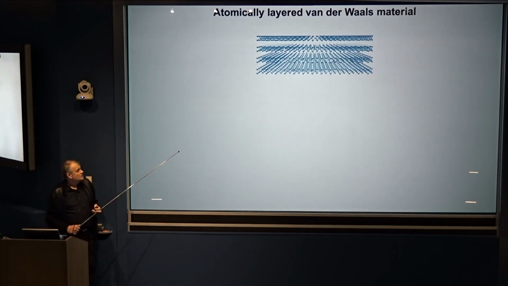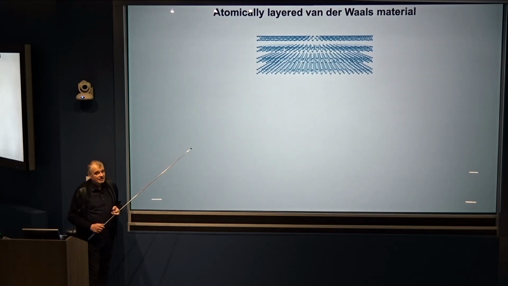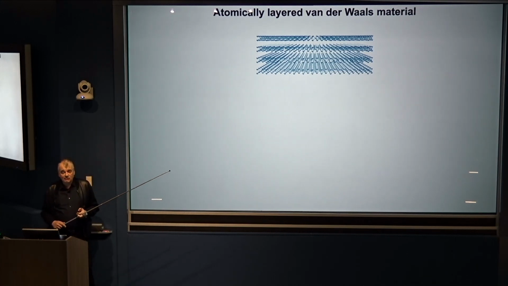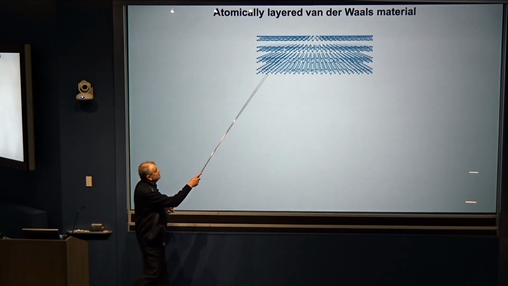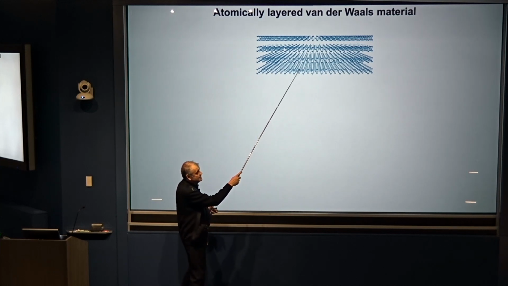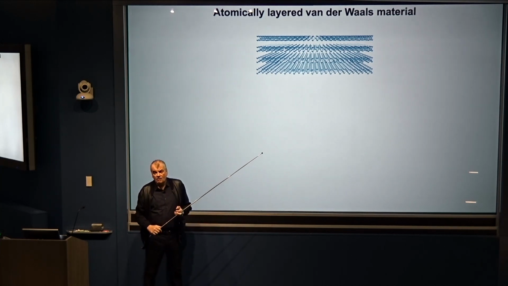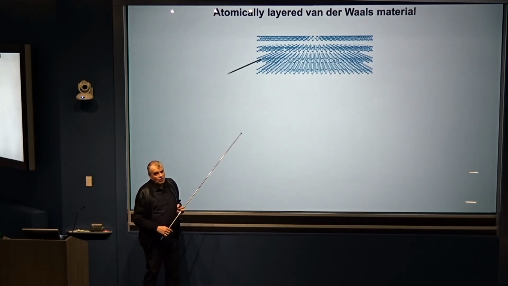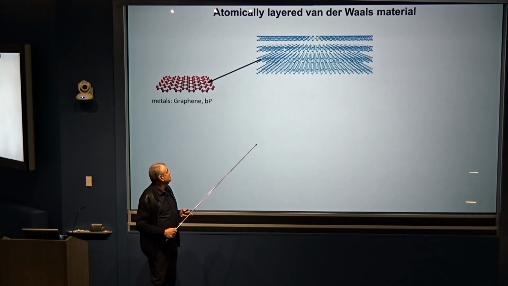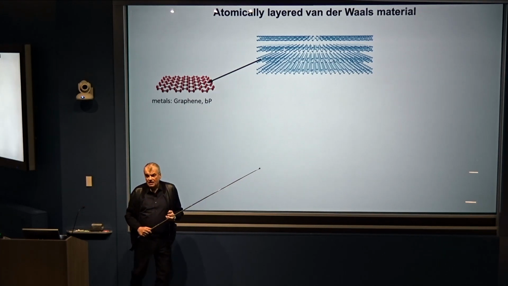So van der Waals materials are sort of one protagonist of what we are doing in our group, and this is about layered crystals with atomic planes held together by van der Waals interaction. And it's easy to peel off these planes and to isolate single atomic planes.